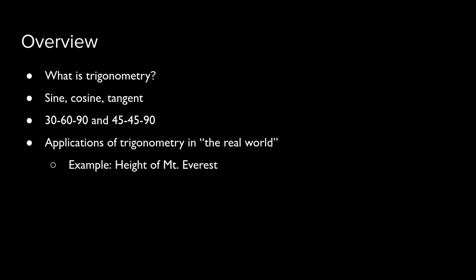Then finally we're going to look at some applications of trigonometry in the real world, such as how you might use it in a career, whether it's science, architecture, or something else. And then we're going to do an example problem using one of these applications and calculate the height of Mount Everest.